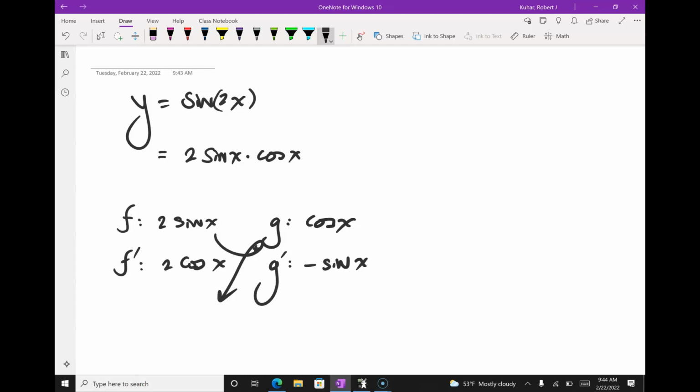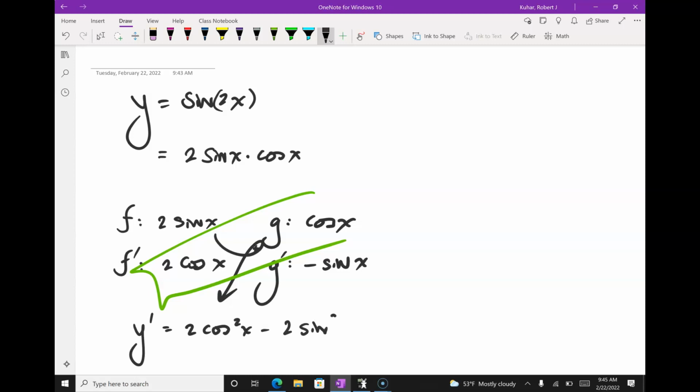It's a product rule. I can take my product in any order, right? Any diagonal product plus the other diagonal product. So I'm going to take this one first just because I want to. So y prime is 2 cos squared x minus 2 sine squared x. Agreed?